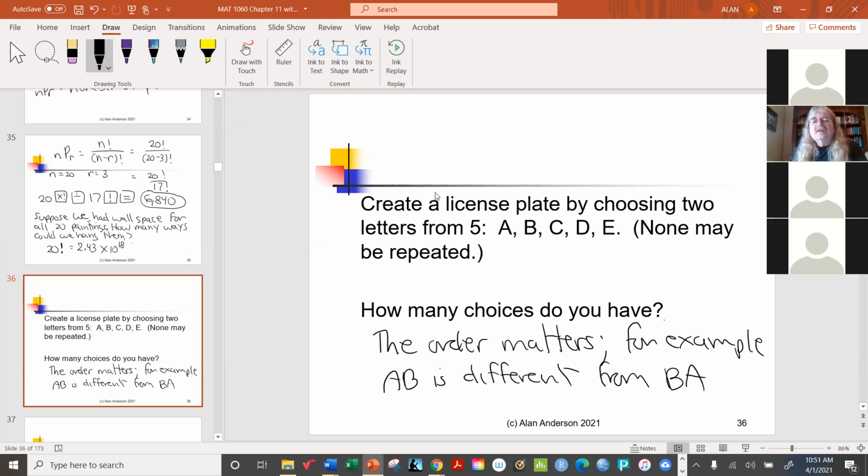So in other words, clearly these are 2 different license plates. The order of selection of these letters does make a difference. That being the case, each choice is a permutation.